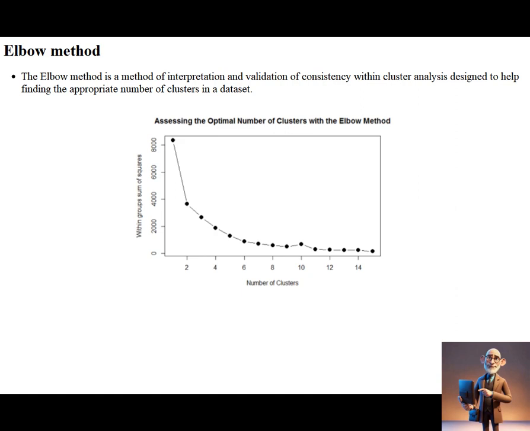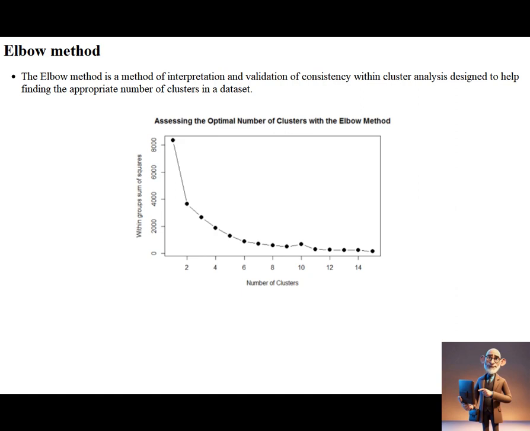However, there's a point where adding more clusters doesn't significantly reduce the variance. The elbow method is about identifying this turning point, or elbow, in the plot. The point at which the reduction in within-cluster variance starts to diminish is considered the optimal number of clusters. It's the point where adding more clusters doesn't provide much improvement in capturing the structure of the data.